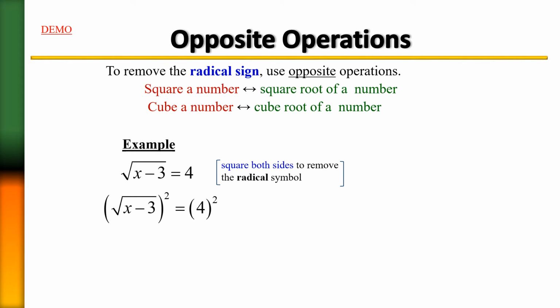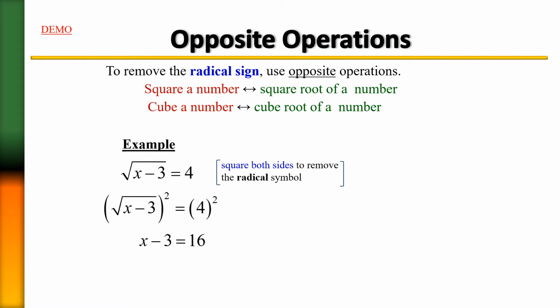The only thing that's left on the left side is just the expression of x minus 3. So you can bring that down on the left side. And on the right side, you have 4 squared. 4 squared is 4 times 4, which is 16. So we have 16 on the right side.